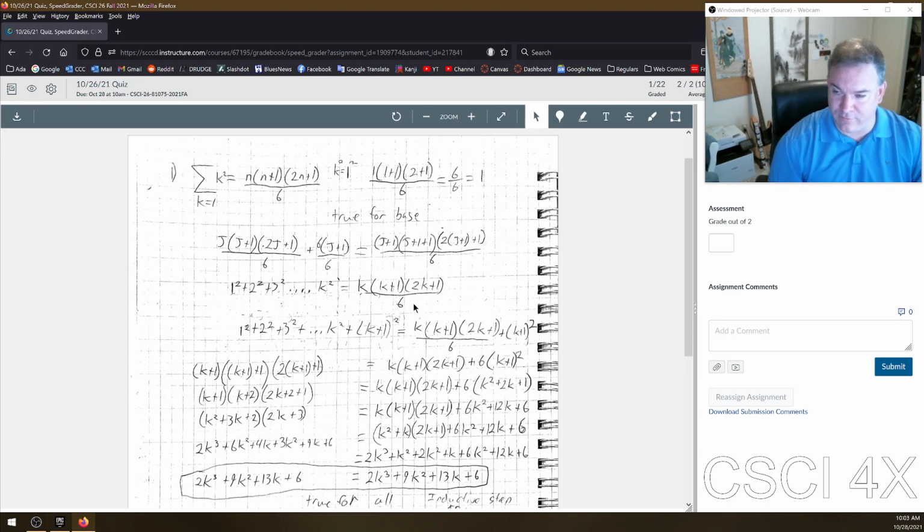So assume that it's true for 1 to n, prove that it's true for 1 to n plus 1. And so what we have here is a summation up through k plus 1 squared. And so he substitutes in k plus 1, k plus 2, 2k plus 2.